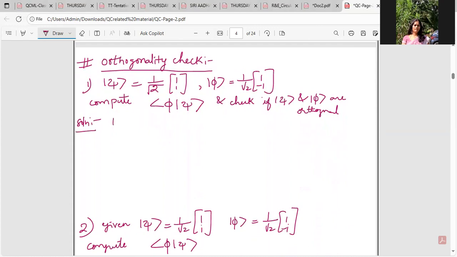Ket xi I can write as 1 by root 2 times (1 into ket 0 plus 1 into ket 1), and ket phi as 1 by root 2, common to both, times (1 into ket 0 plus, of course, minus 1 into ket 1). I can write it like this, right?